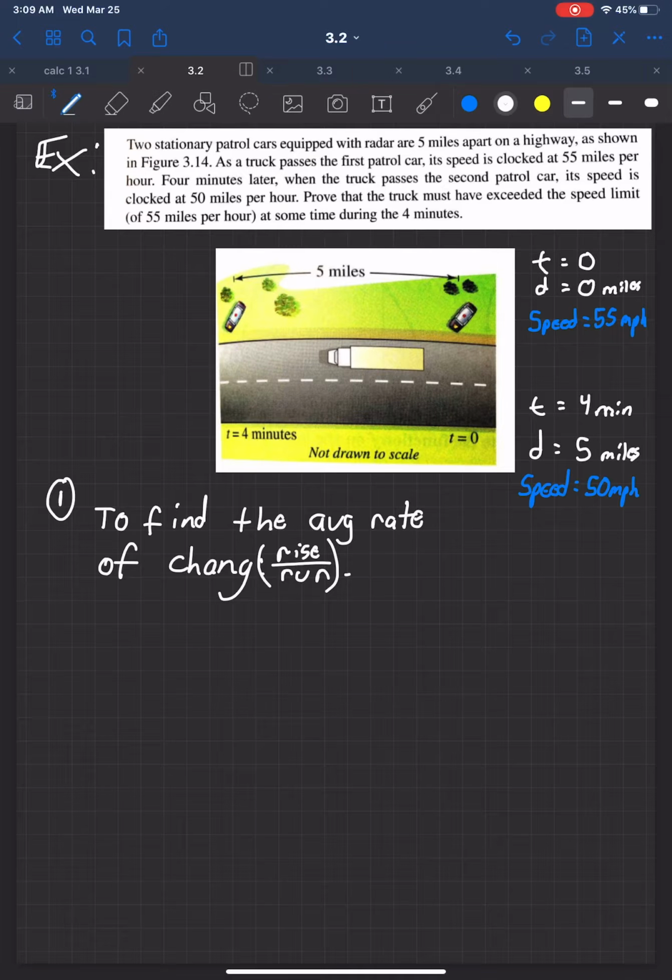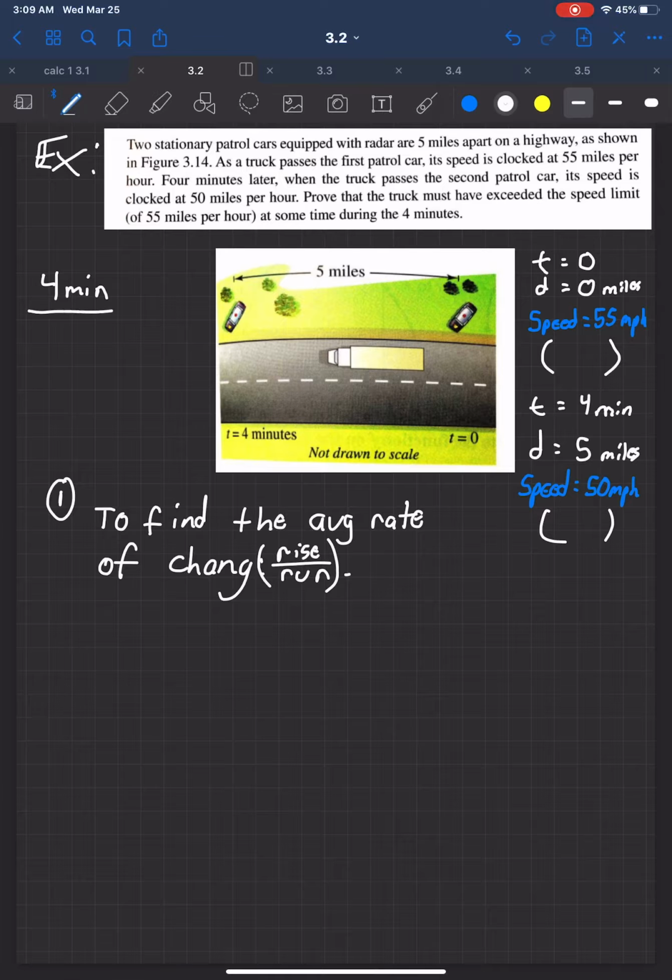So let's see if I can set this up. Okay, I'm coming up there in just a second. So 4 minutes, I'll come off to the side here. Let's change that into hours.